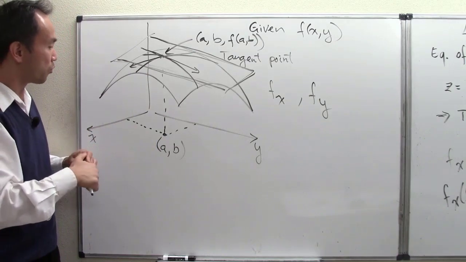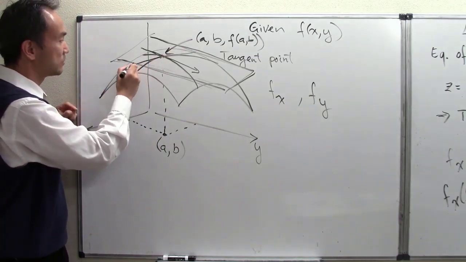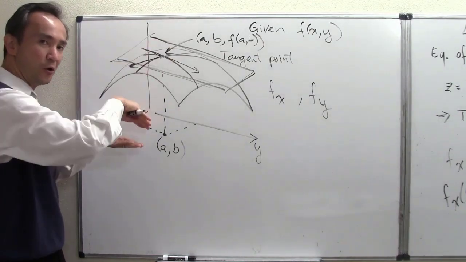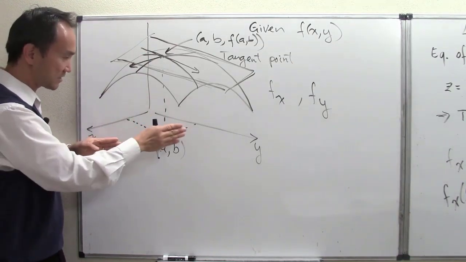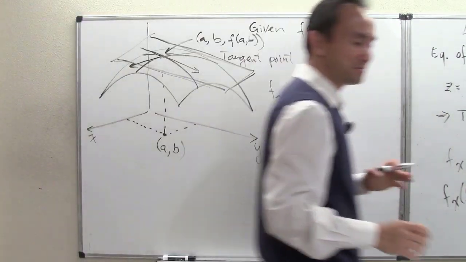I want to lead everybody into thinking of this as a vector. This vector drops down by 4 for every one change in the x direction, but the y direction is 0.